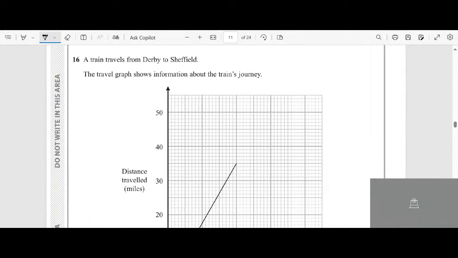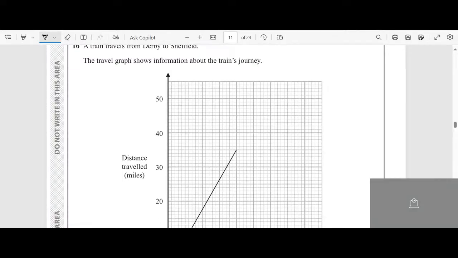Then question 16, we have a graph. You're told that the graph travels from Derby to Sheffield. The travel graph shows information about the train journey. You can see the graph there, it is half drawn.